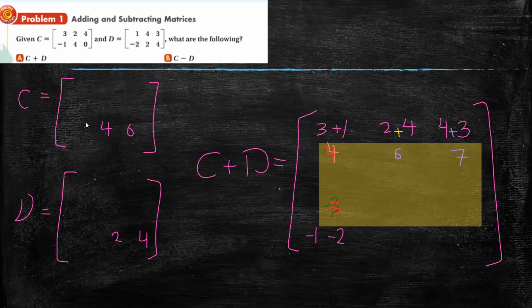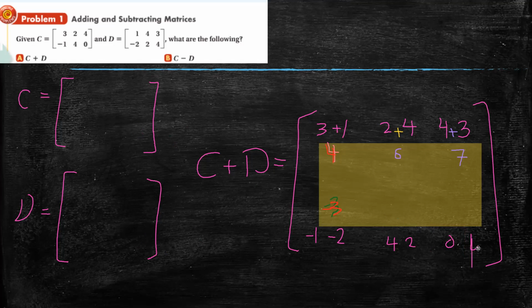Then this 4 with 2. And the last one, 0 with this number.